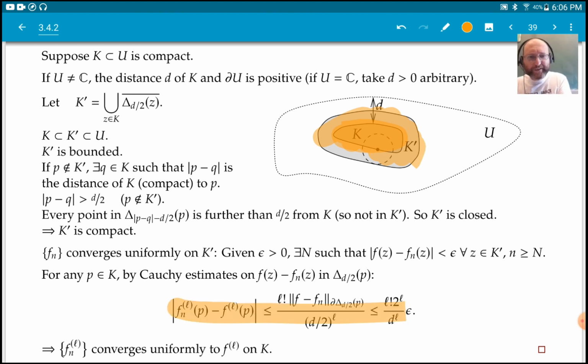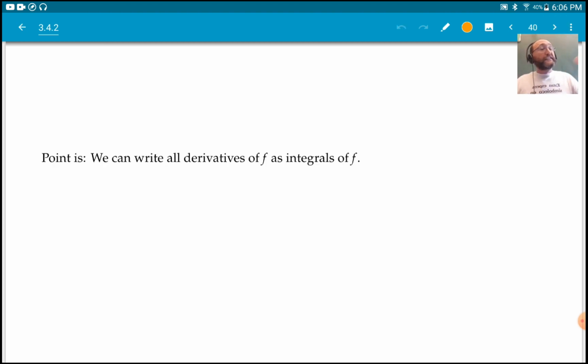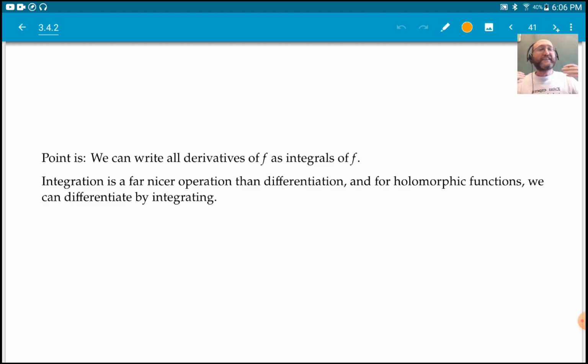I mean, the Cauchy formula comes in here, right? So the point is, you can write derivatives of f as integrals of f. And integrals are far nicer. I mean, unless you ask a calculus student, then they won't agree with you. But integrals are much, much nicer than derivatives. Derivatives are terrible.